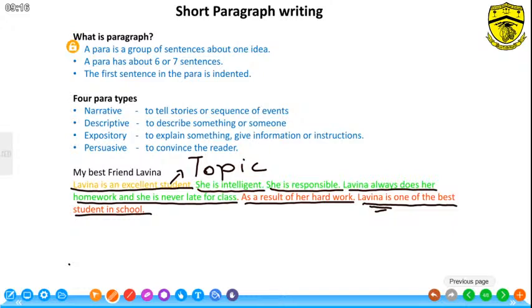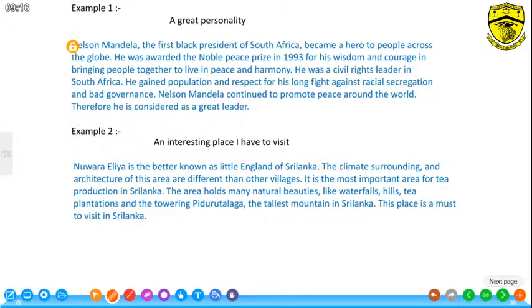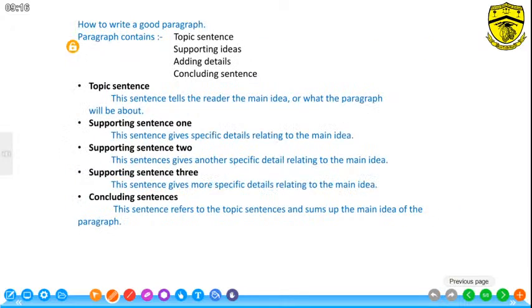These are all supporting sentences 1, 2 and 3. Sentence 2 gives another specific detail relating to the main idea. The third supporting sentence gives more specific details relating to the main idea.